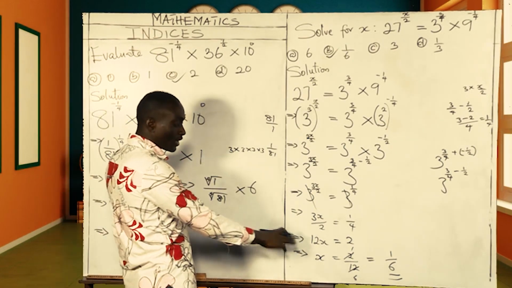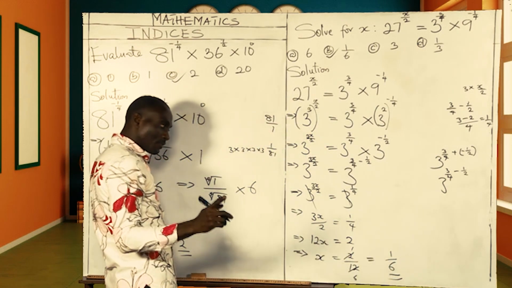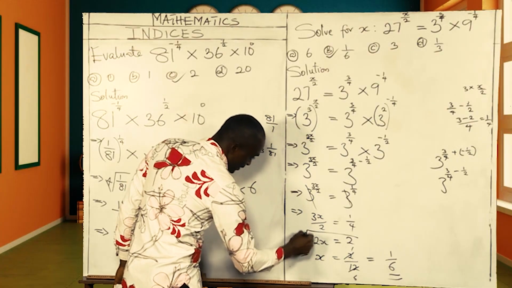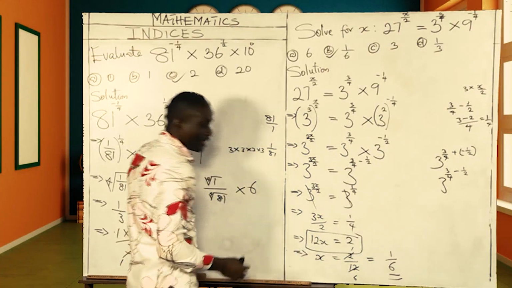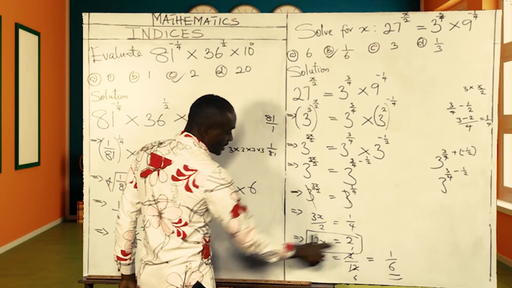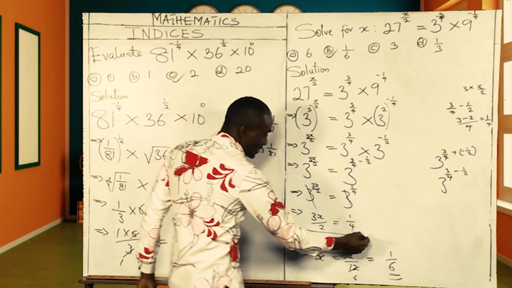So I hope you understand how you have gotten our 1 over 6. Don't forget, at this place I said divide both sides by 12. That's how I got my x equals 2 over 12.